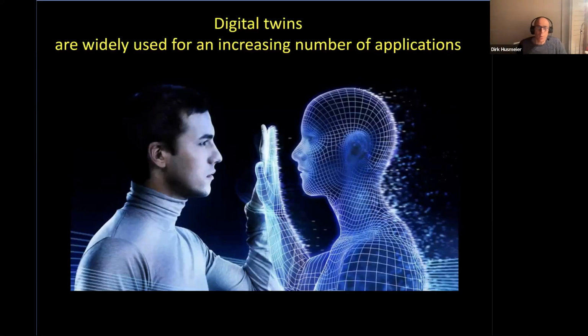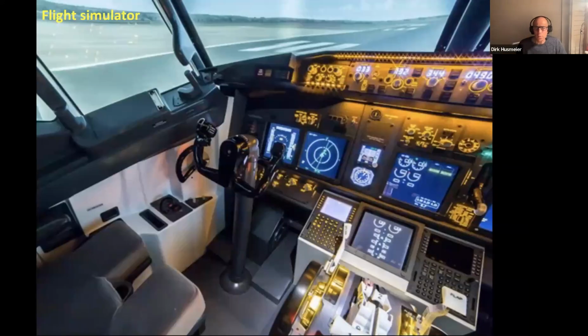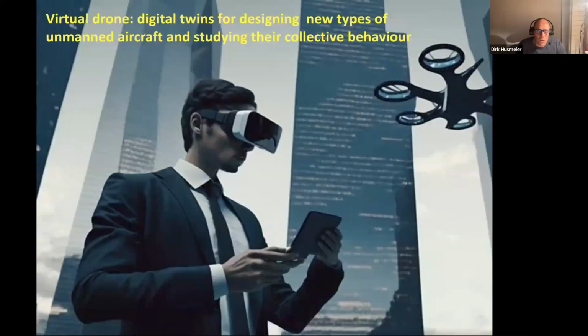Now, digital twins are widely used for an increasing number of applications. You are certainly aware that airlines increasingly use flight simulators to train their pilots. Well, a flight simulator is just a digital twin of an aircraft. Virtual drones are digital twins for designing new types of unmanned aircraft and studying their collective behavior.